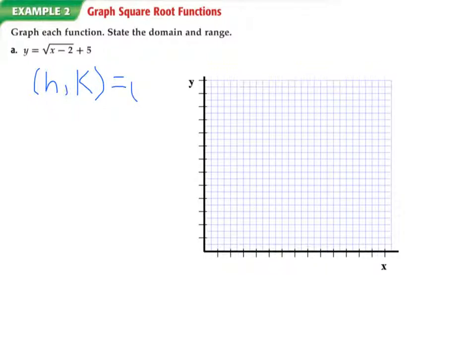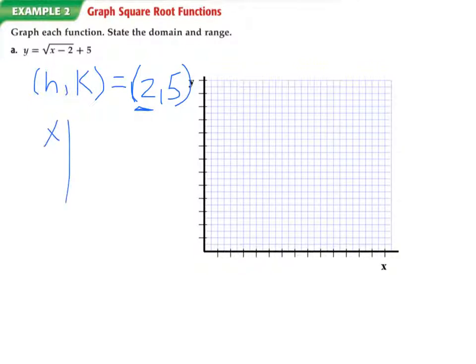So our h value is going to be 2, and our k value is going to be 5. That's going to be the very minimum point of our graph. So now we have to make a table of values for x greater than or equal to 2, since this is our minimum point.